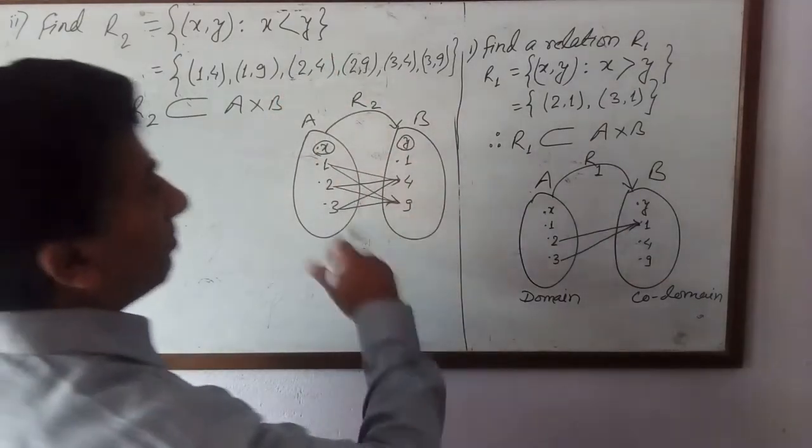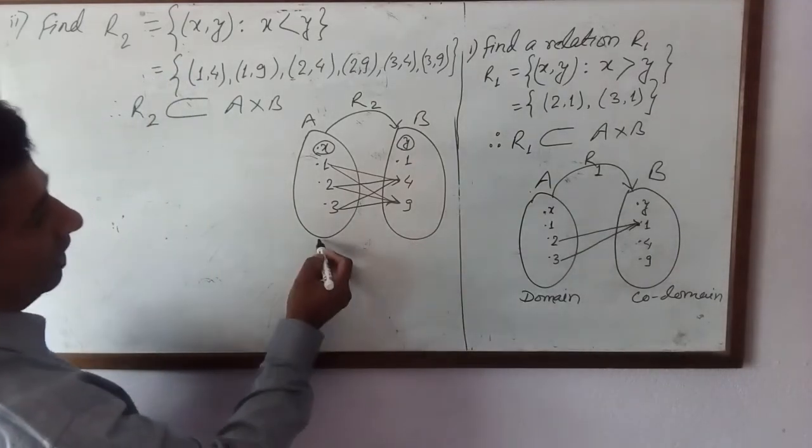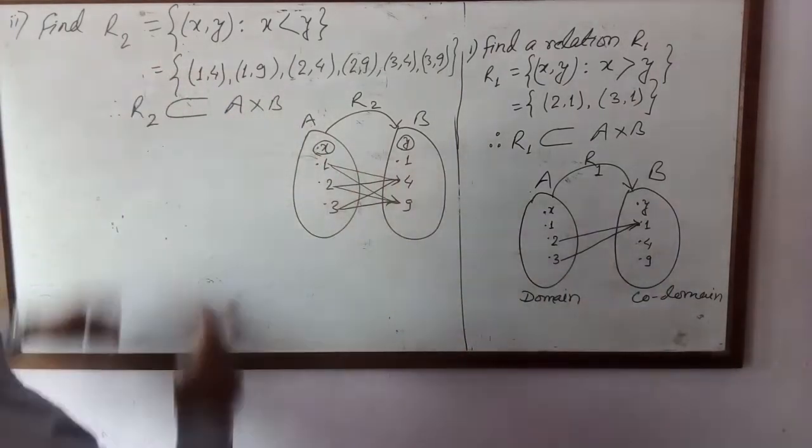Now inverse relation. Inverse relation means from B to A, from here to here. Now this one is R2.